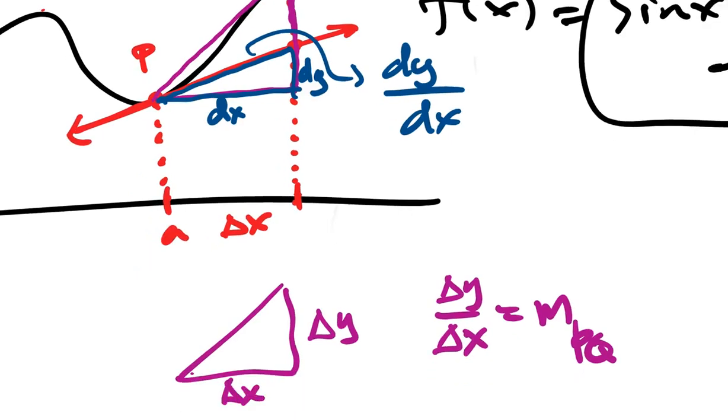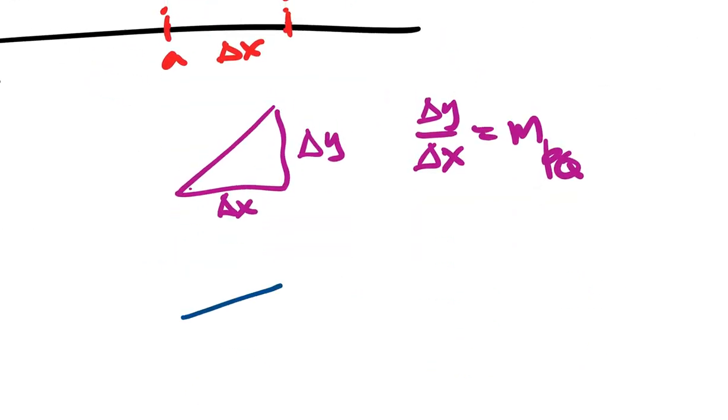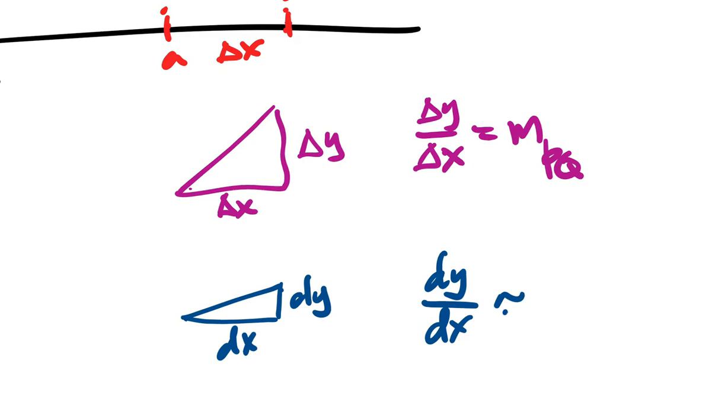If you look, I'm going to compare these two triangles. Let's draw the other one here. So this is dy, and this is dx. And so dy over dx is an approximation of delta y over delta x.